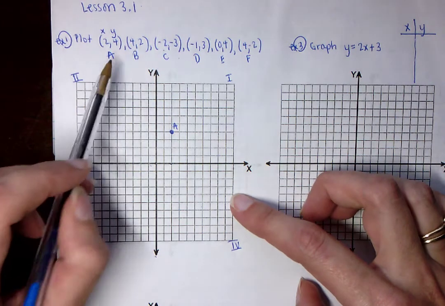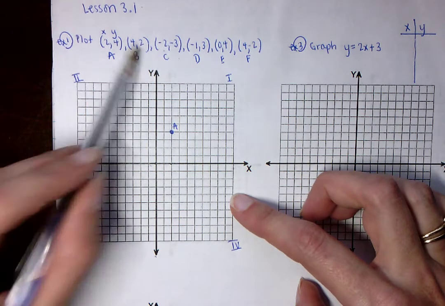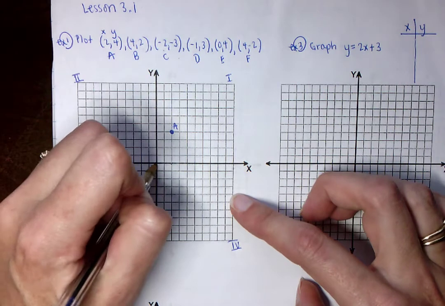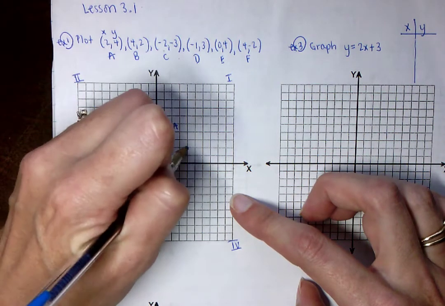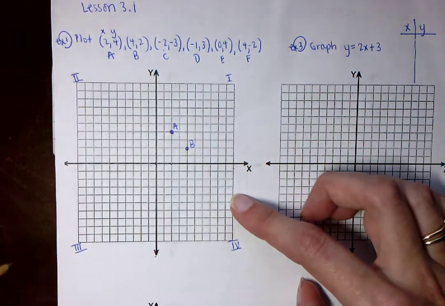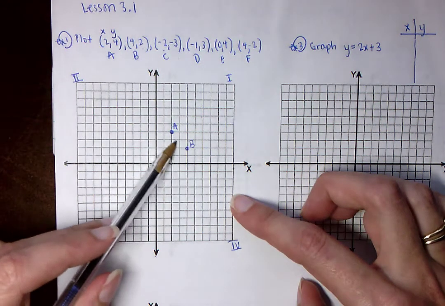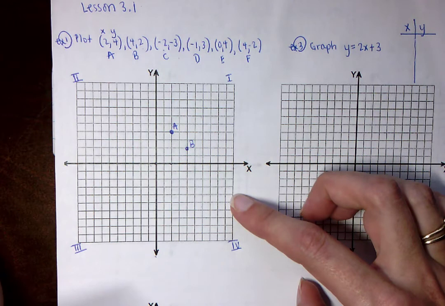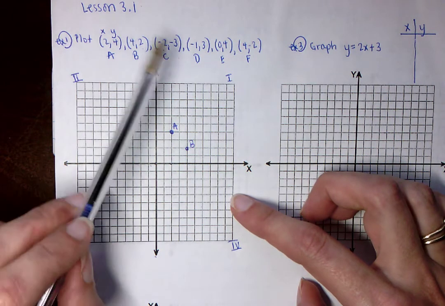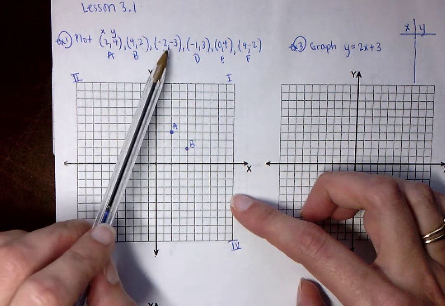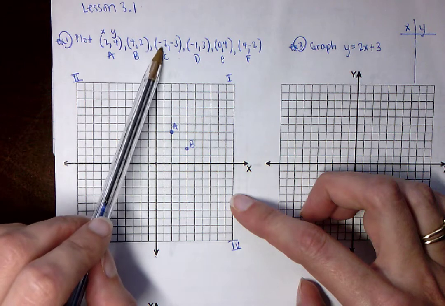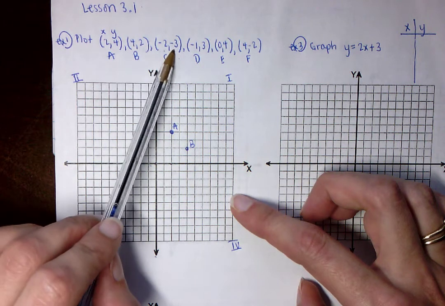B, 4, 2. That means right 4, up 2. So we're going to start in the center, go right 1, 2, 3, 4, go up 2. So there's B. Notice these are both in the first quadrant. Then we have C. This is saying go from the center, go left 2 and down 3.